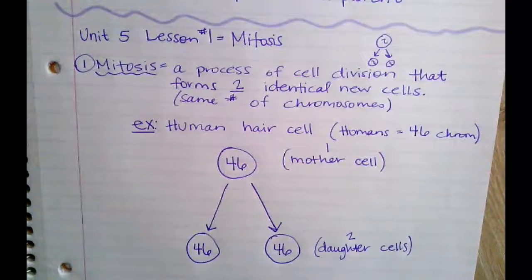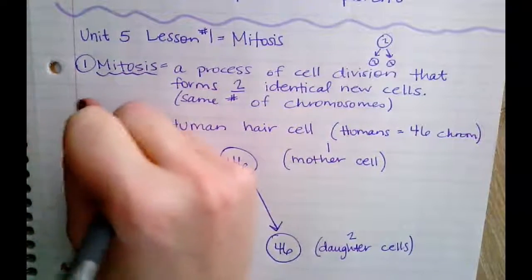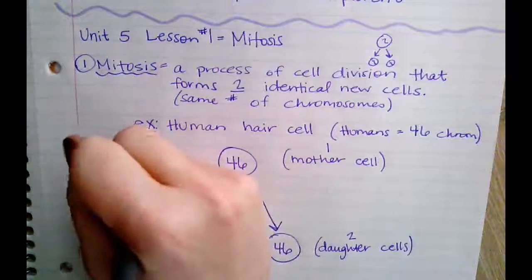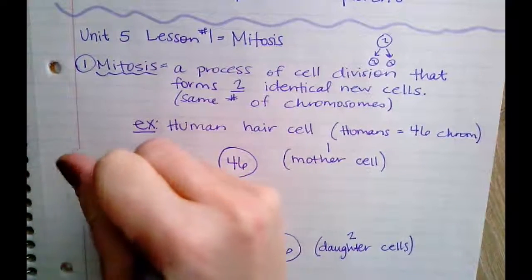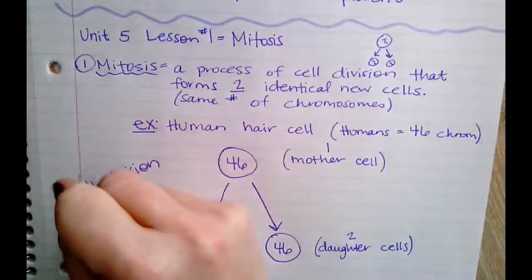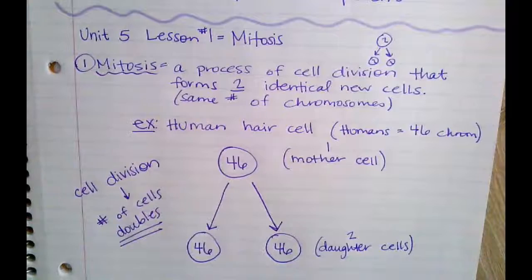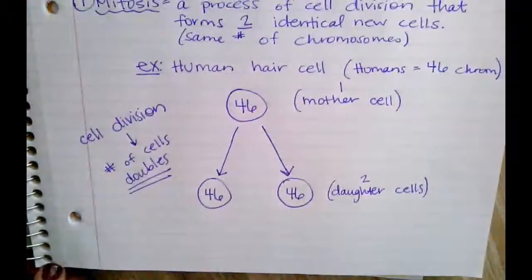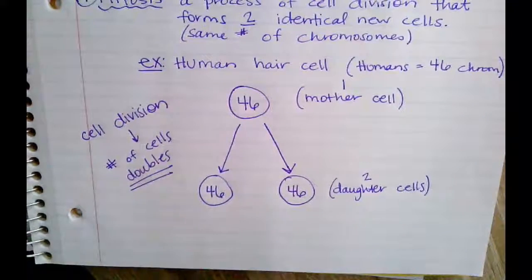Now this is what we call cell division. But what we kind of forget is that the number of cells actually doubles, which is key. It's actually going up. It's increasing in the amount, which is why your hair grows, why your nails grow, and things like that.